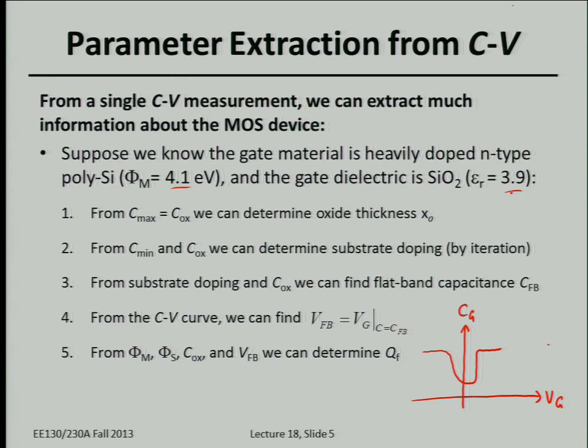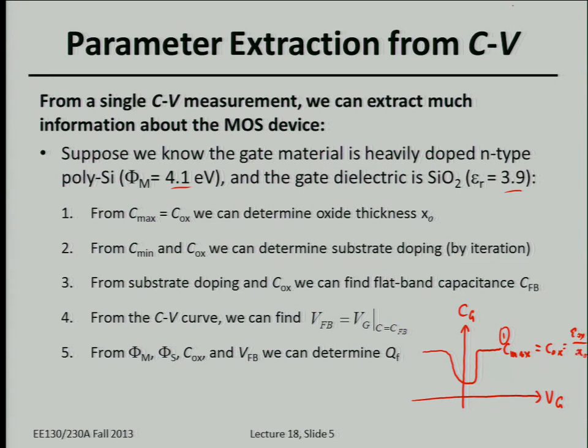So the first thing we can do is look at the maximum capacitance. Here's C max. That's going to be equal to Cox, which is the permittivity of the oxide, which we know from the material, over the thickness of the oxide.